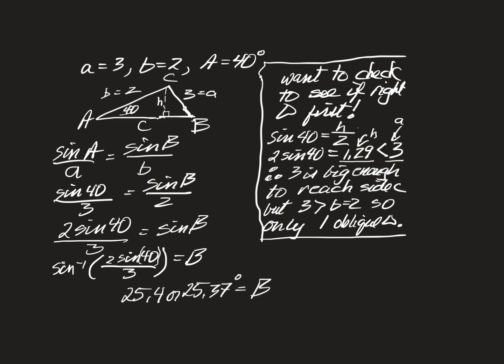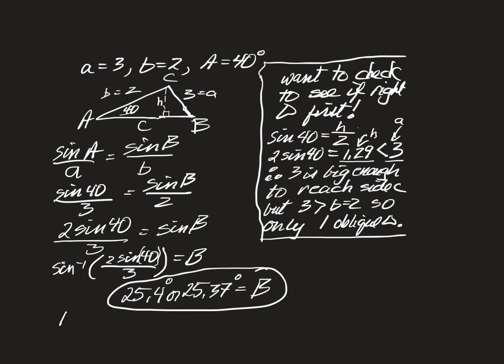So these are in degrees. So 25.4 degrees or 25.37 degrees. Now I know 2 degrees, right? I know 40 degrees and 25 degrees. So this is one of the things I needed to solve for. All right.